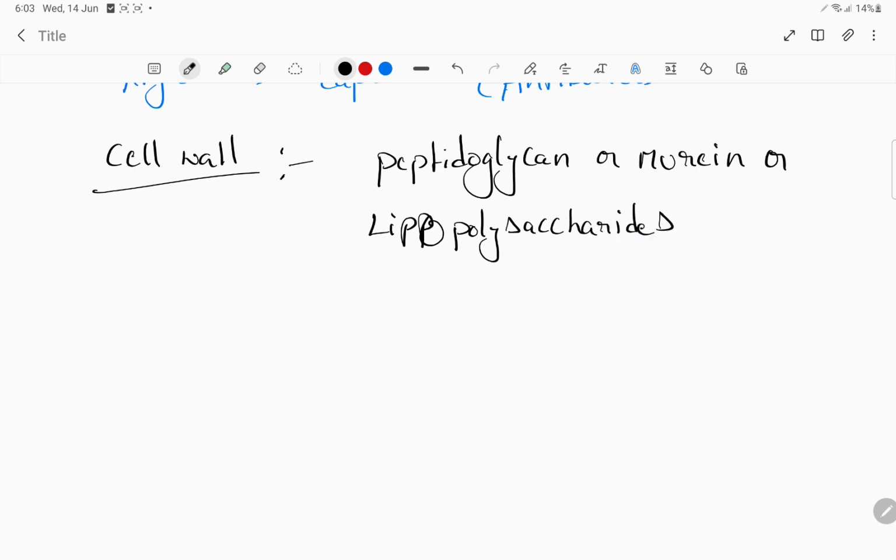Actually, the peptidoglycan is made up of N-acetyl glucosamine and N-acetyl muramic acid, NAG and NAM. Which forms the chains. The chains are interlocked by tetrapeptides.